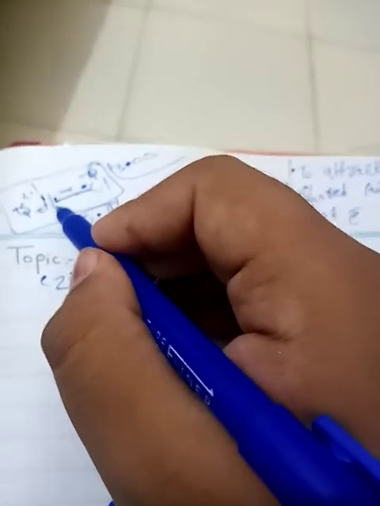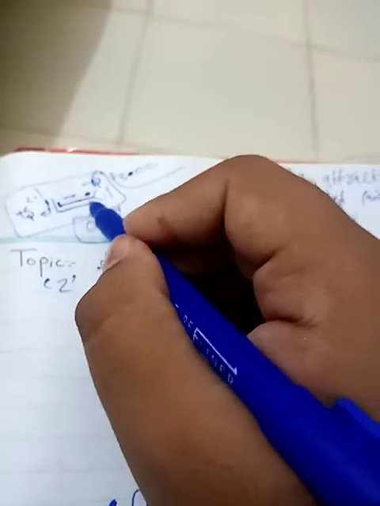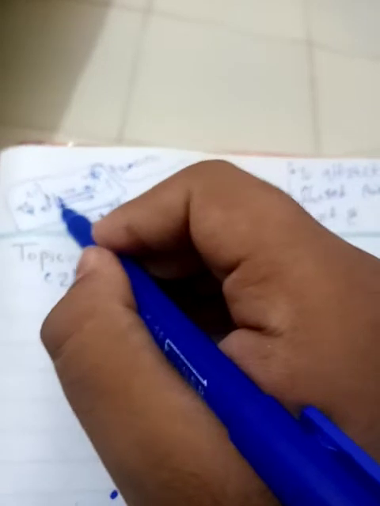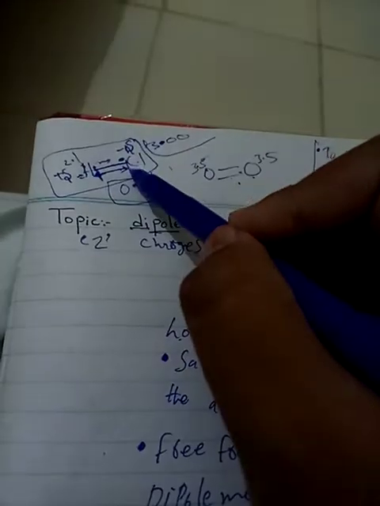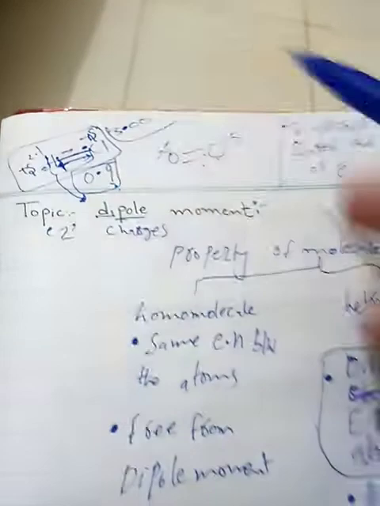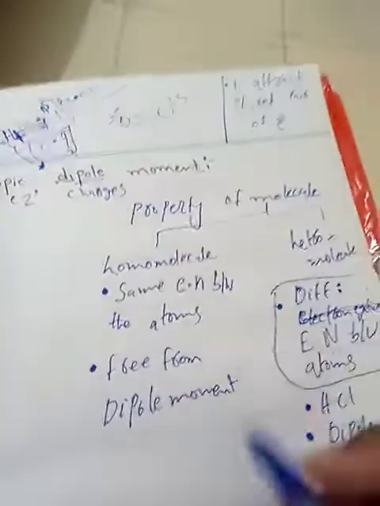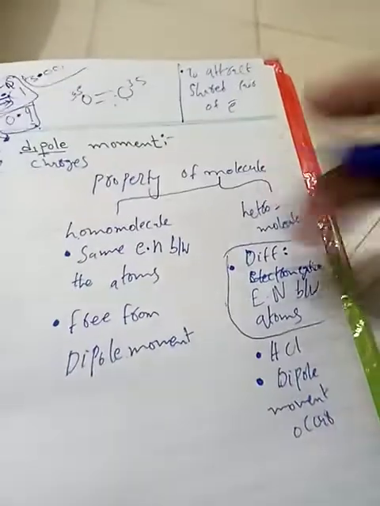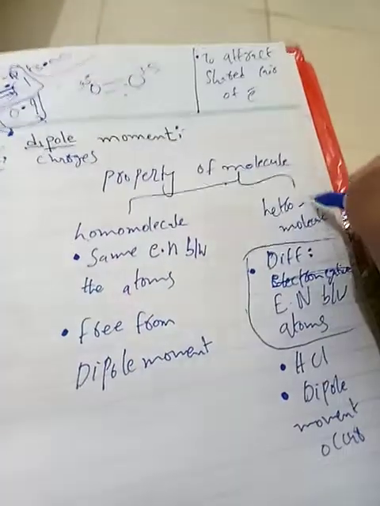The electron will be moving towards the chlorine side, hydrogen will be getting a positive sign, and here will be a negative. That's only the representation of dipole moment we will be stating further, so do not get confused here. These are the properties of heteromolecule, and here the dipole moment occurs.